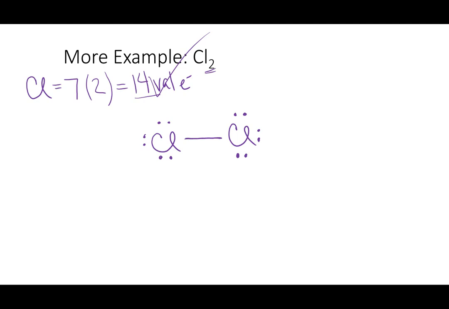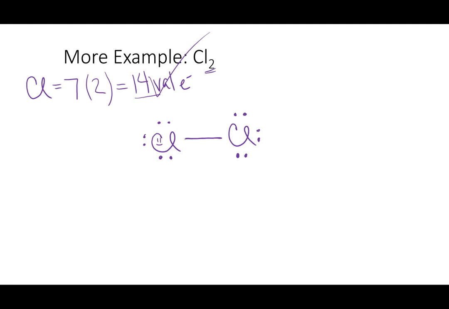Now I need to make sure that everybody's happy, that everybody's got an octet. So I'm going to go back and look at how many electrons they're touching. This chlorine here on the left has 1, 2, 3, 4, 5, 6, 7, 8, so he has 8 electrons. He's happy.